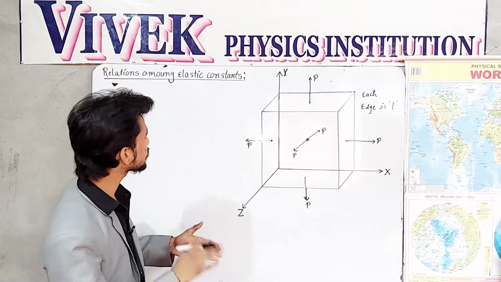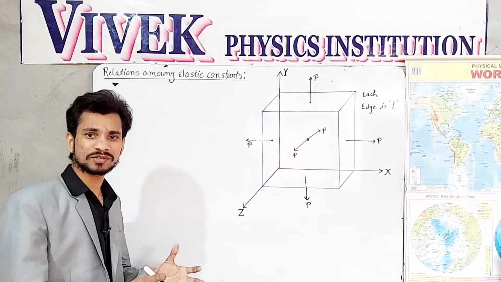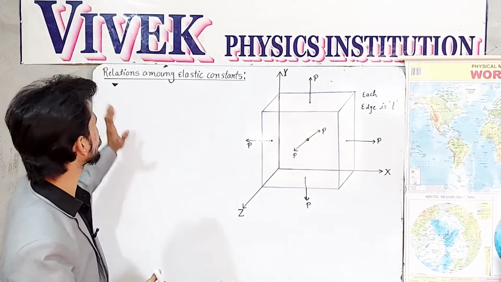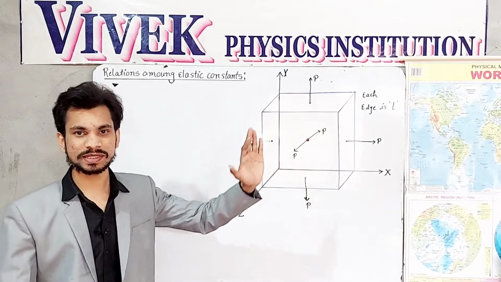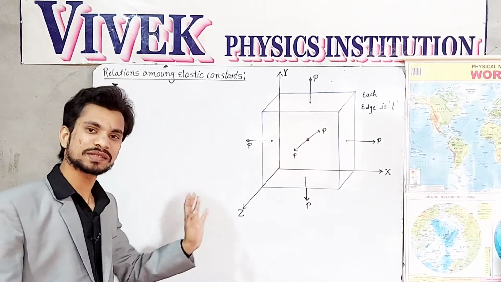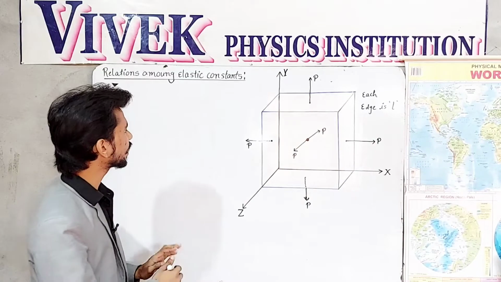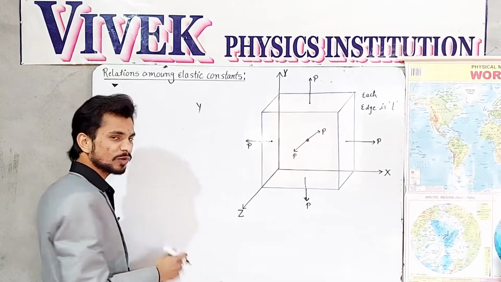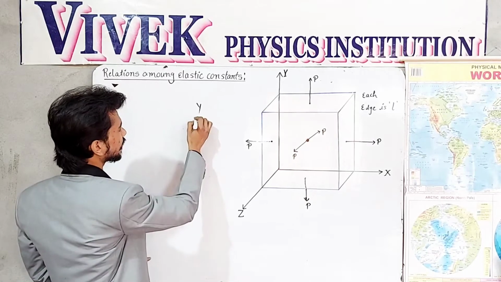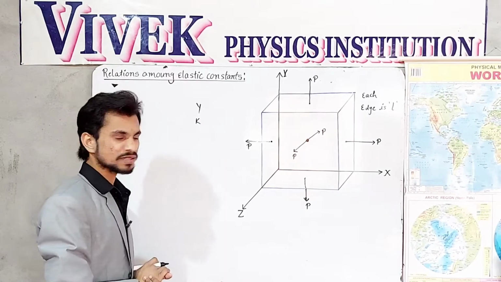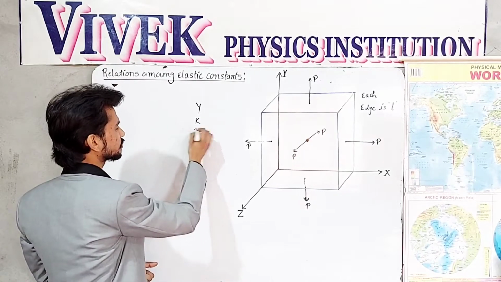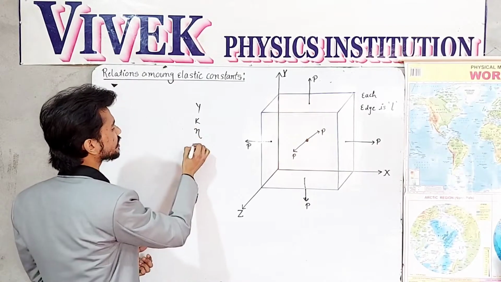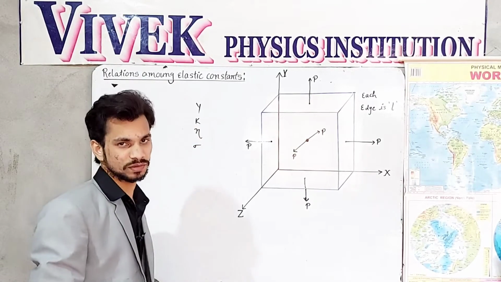In this second part, we are discussing the relations among the elastic constants discussed in the earlier video. And how many were they? They were Y, the Young's modulus of elasticity, K, the bulk modulus of elasticity, eta, the shear modulus of elasticity, and the rest is sigma, the Poisson ratio.